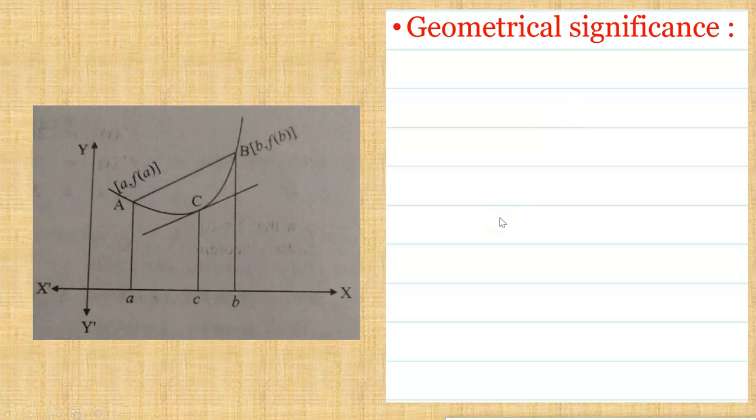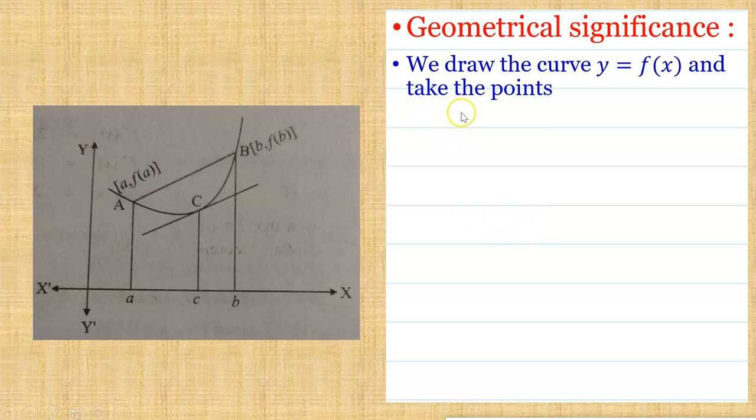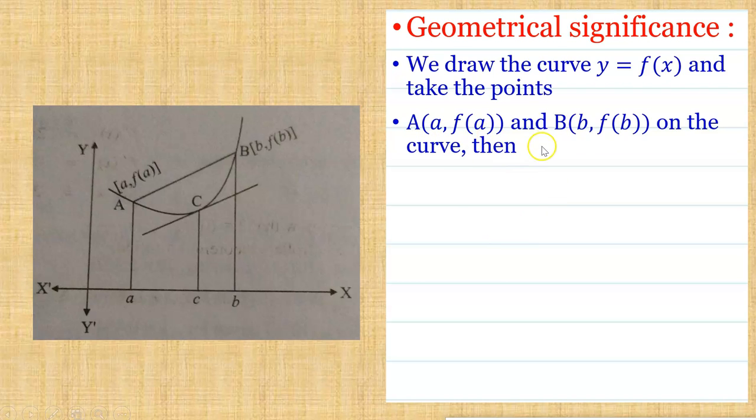Now next, geometrical significance. We draw the curve y equals f of x and take the points (a, f of a) and (b, f of b) on the curve. Then the slope of AB means the difference of y coordinates upon the difference of x coordinates, that is, (f of b minus f of a) upon (b minus a).